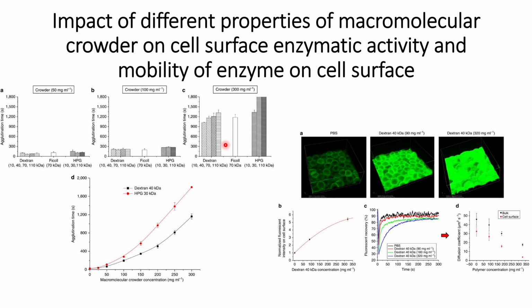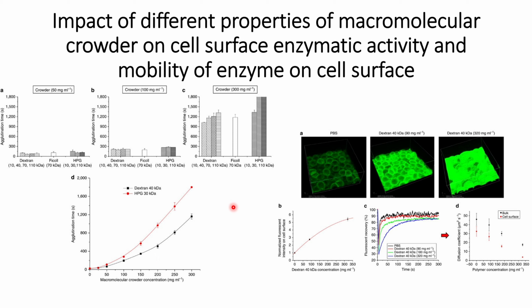After that, they compare the enzymatic activity of dextran 40 kilodalton and HPG 30 kilodalton at different macromolecular crowder concentrations, and they find that HPG at 30 kilodalton gives more enzymatic reactions compared to dextran at 40 kilodalton.